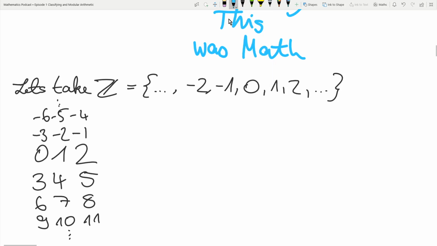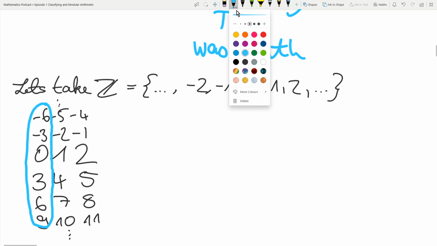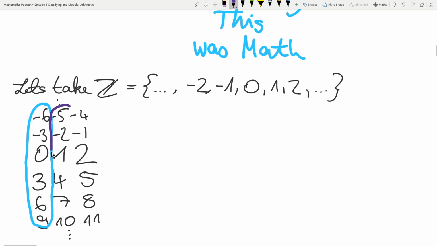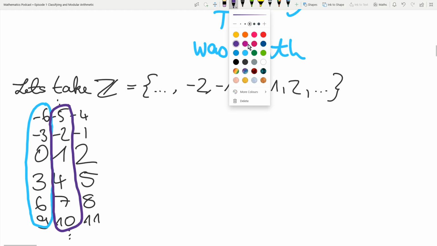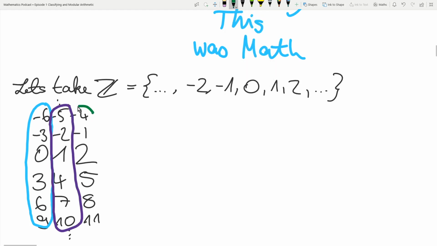We can actually just look at these. Look at the columns. Let's color them differently. I love purple, so I use purple. Okay, let's use green. Green's cool. So what we've done is we've listed in this schematic sense every single number in the set, but now we group them together by their column.